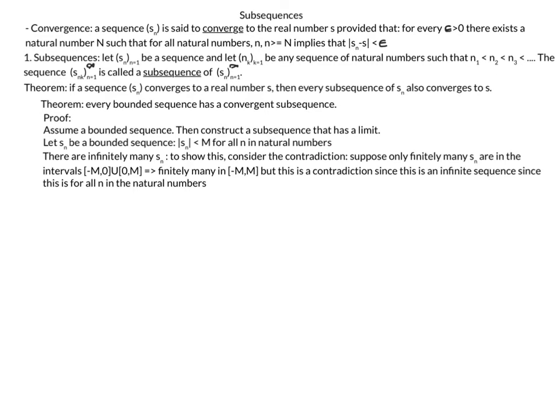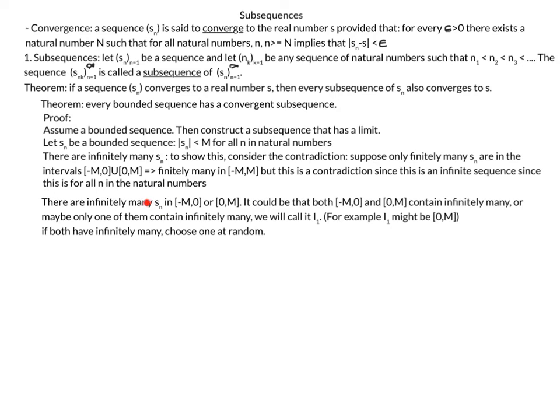There are infinitely many elements S_n, essentially because we have S_n defined for all natural numbers n, but we have formally stated it here. If there are infinitely many S_n, that means either the interval [-M, 0] or the interval [0, M], or perhaps both, have infinitely many terms.